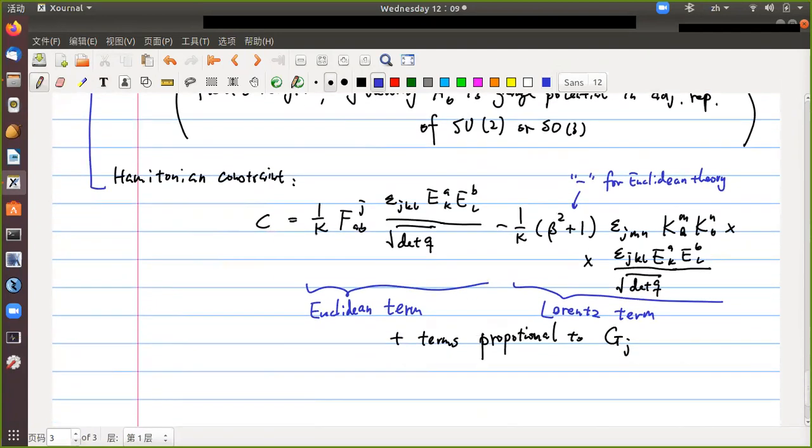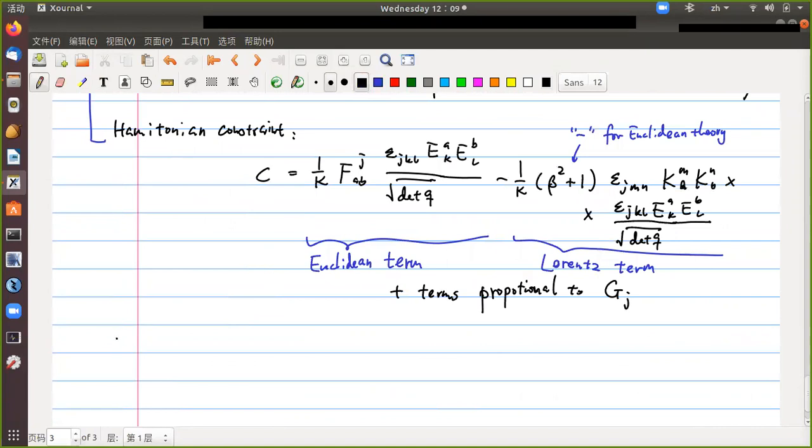Let me write the homework. Derive C_a and C, the diffeomorphism constraint and Hamiltonian constraint, in terms of A and E, in terms of the Ashtekar new variables.